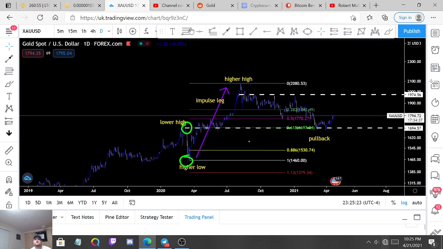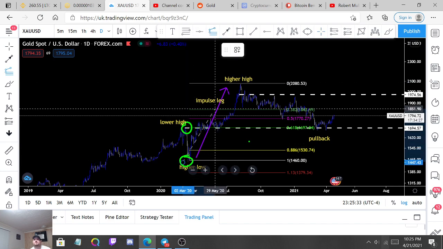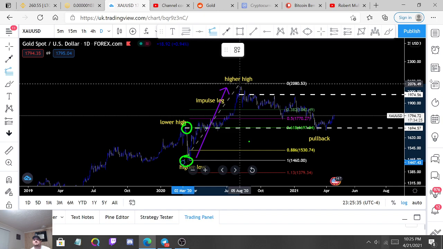So with this, if we're looking for the best risk to reward on the trade, our profit targets would be extensions.